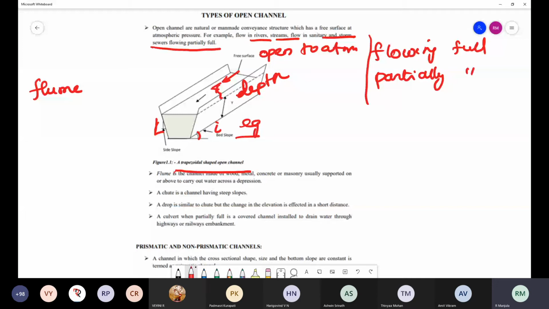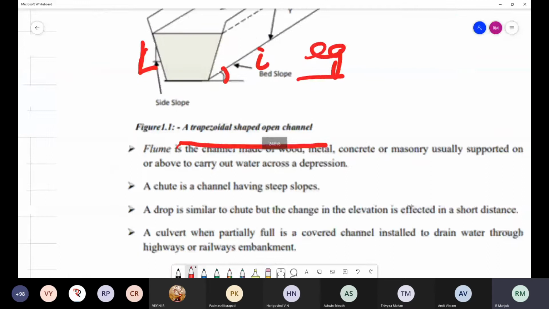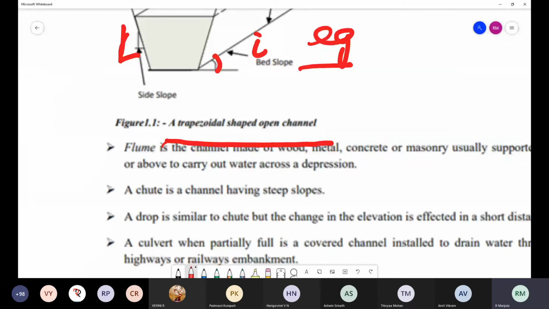In this trapezoidal channel, I was talking about a flume. A flume is a channel made of wood, metal, concrete or masonry.